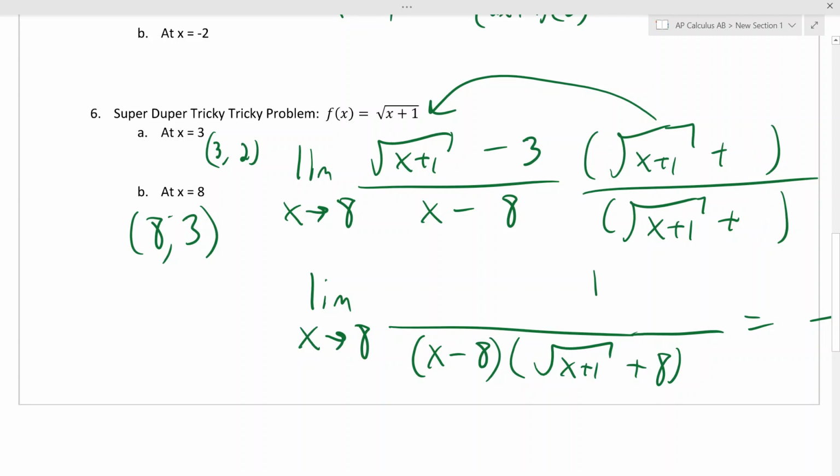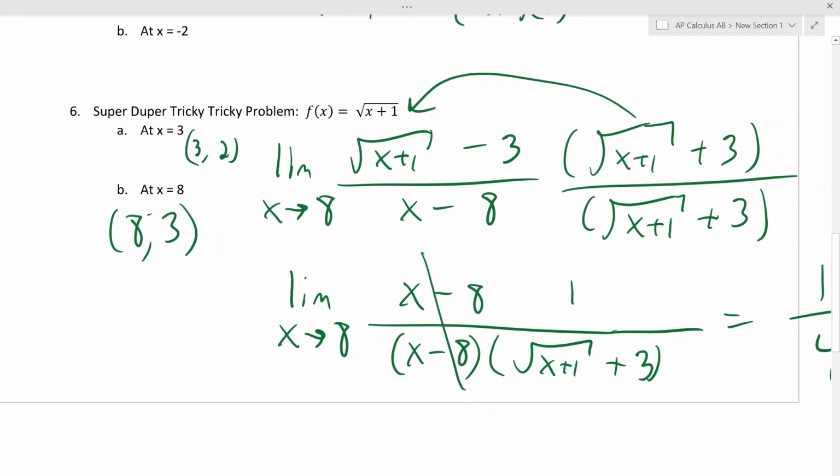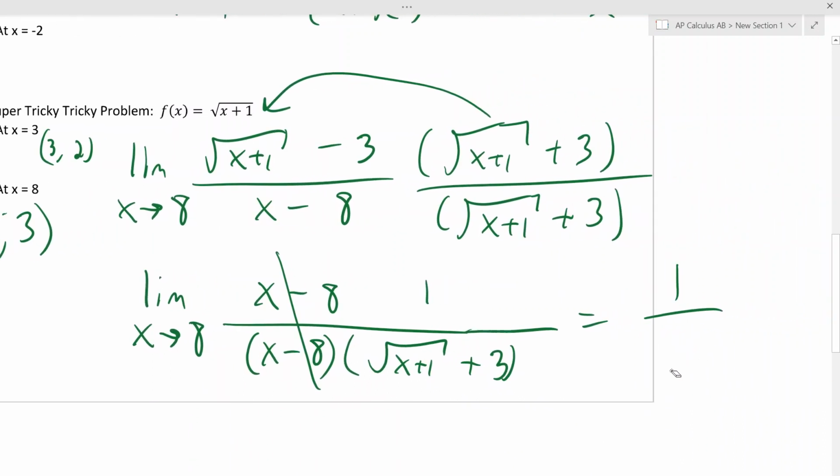Sorry, I'm getting ahead of myself. Because we're doing the conjugate of the numerator, because we got to unlock that radical. When we multiply the conjugates, we get the first thing squared, x plus 1, minus the second thing squared, 9. But x plus 1 minus 9 is x minus 8. They're going to cancel, right? Goodbye. Leaving a 1 up in the numerator there. And if you drop an 8 into there, you're going to get 1 over √9, which is 3 plus 3. 1/6. There you go.